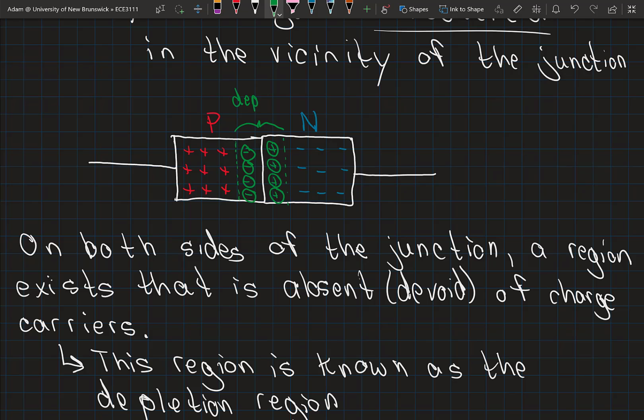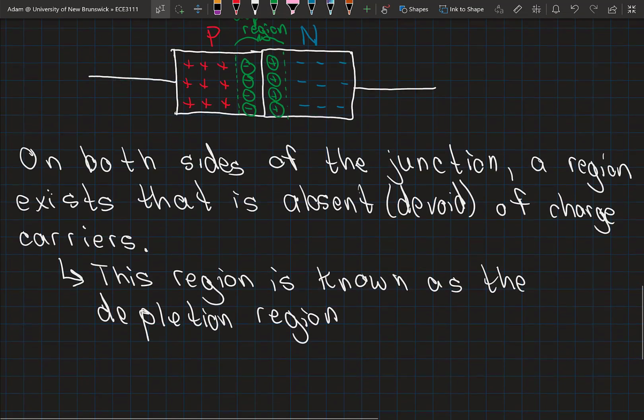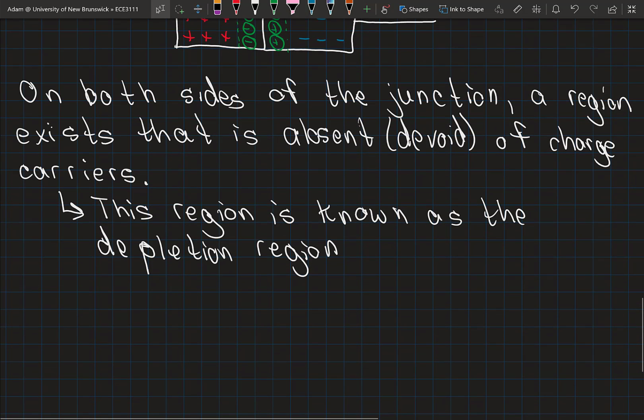So that's the region around the junction where recombination has occurred and we have ended up with some net charge. It is known as the depletion region.